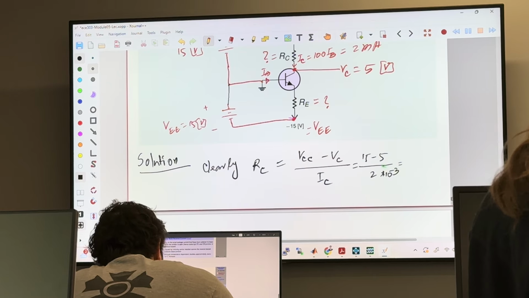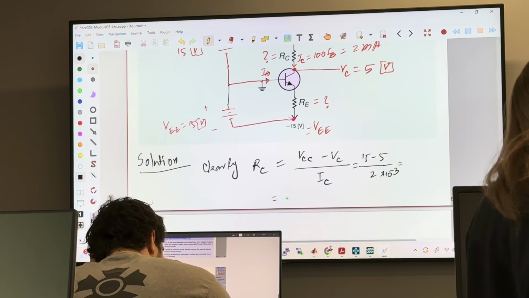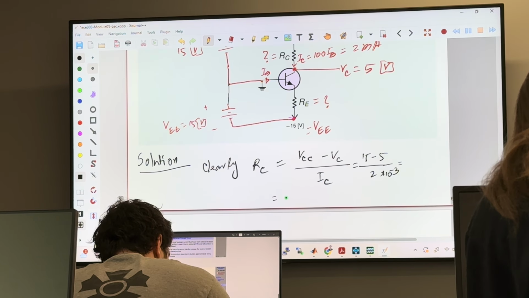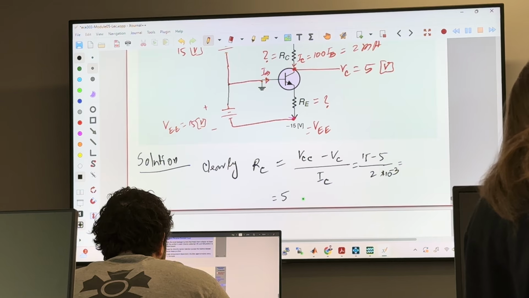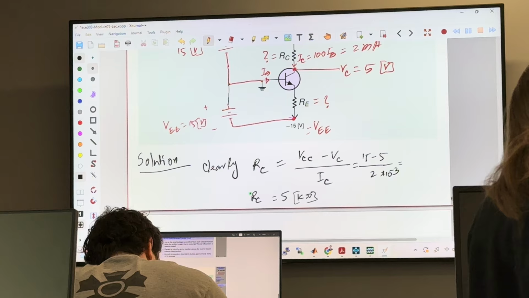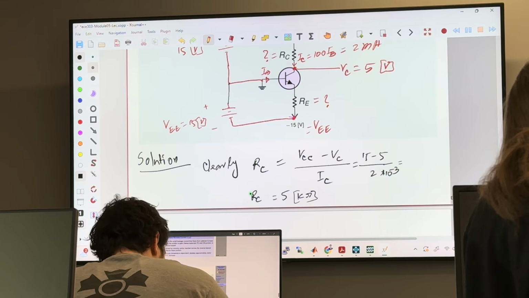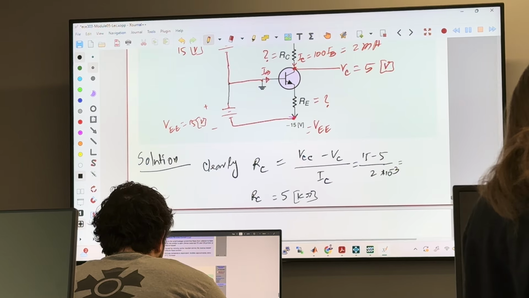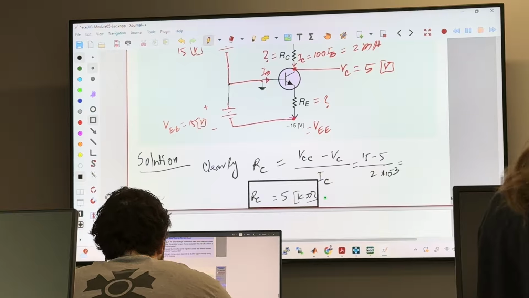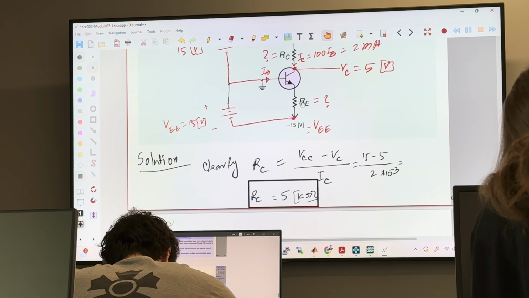How much is it? 10 over 2 times 10 to the negative 3, so 5 kilo-ohms. One answer we found immediately. Okay, and what else? We need to know what is RE, right?